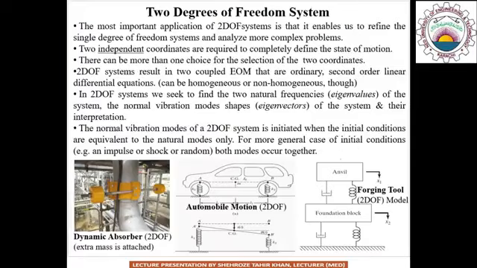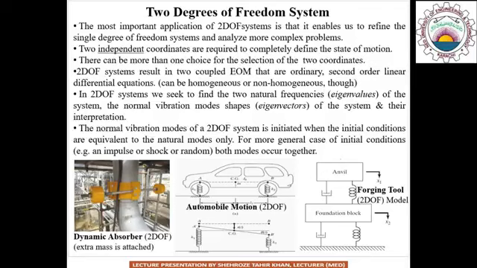In general, the outcome of a 2 degree of freedom system is to express more complex systems, that is, systems having more than 2 degrees of freedom, in a simplistic form, or to refine the single degree of freedom systems in more detail. Moreover, like single degree of freedom systems, 2 degrees of freedom systems also have equations of motion.